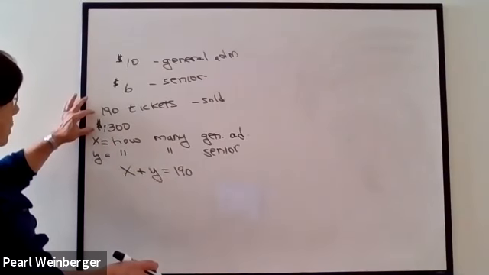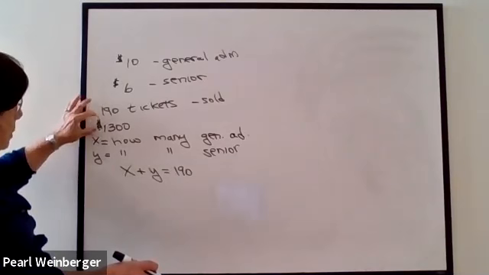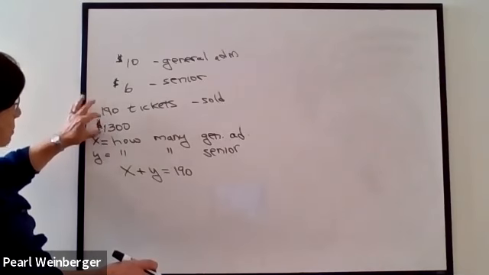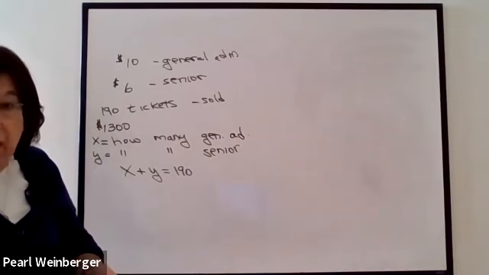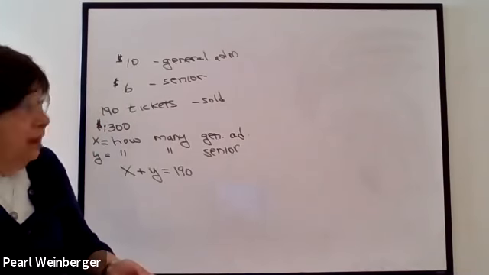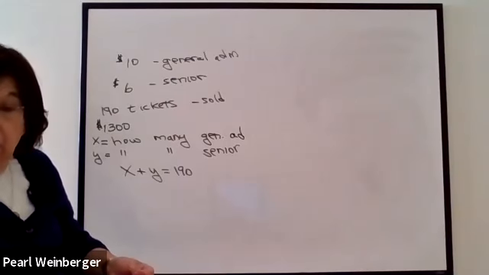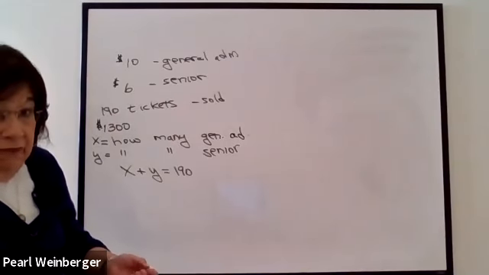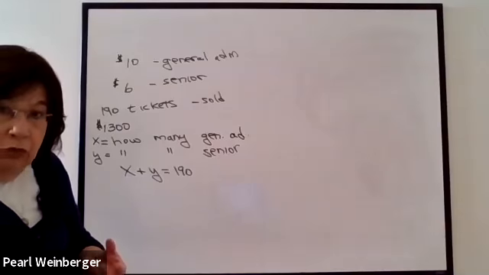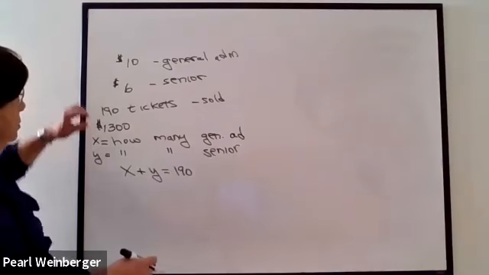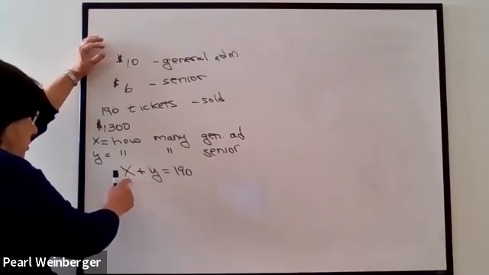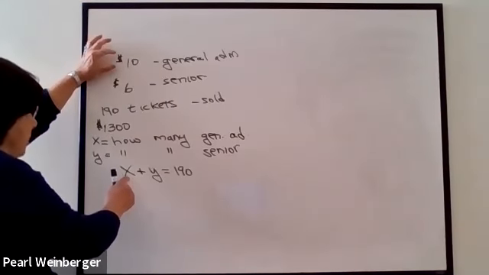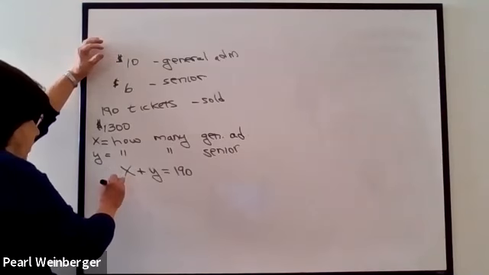Our second equation has to take into consideration the price of the tickets, because we're told that a total of $1,300 was made for selling these tickets. So not only does it involve how many tickets were sold, but also the price of the tickets. So now I include my general admissions, the number is X. I'm going to multiply that by 10.